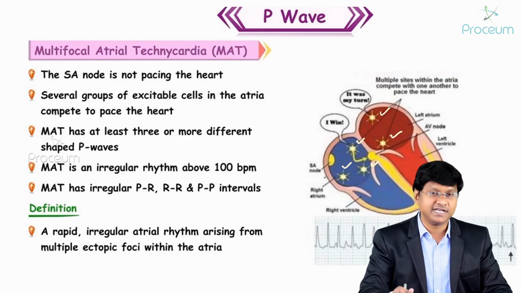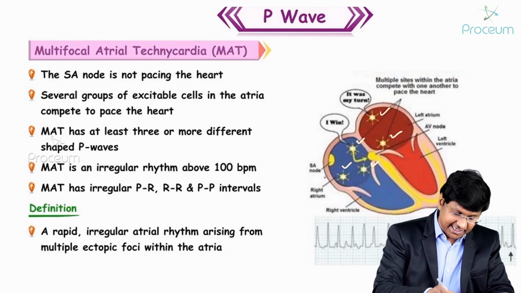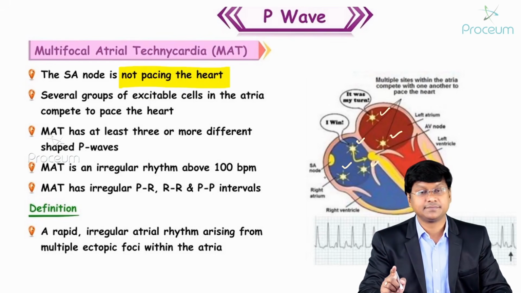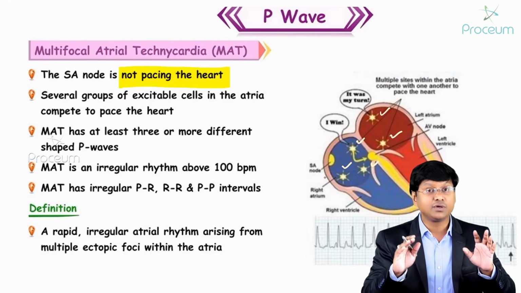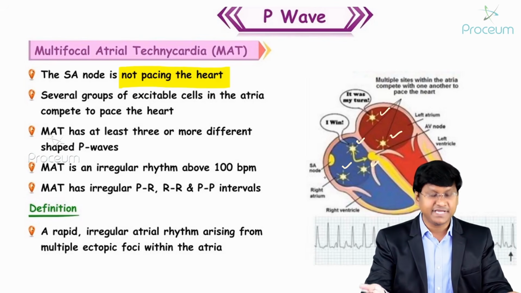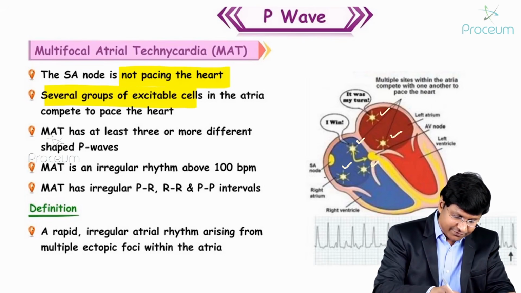So here in multifocal atrial tachycardia, the SA node is not pacing the heart. There are several groups of excitable cells in the atria that compete to pace the heart. That is what I have shown you here.